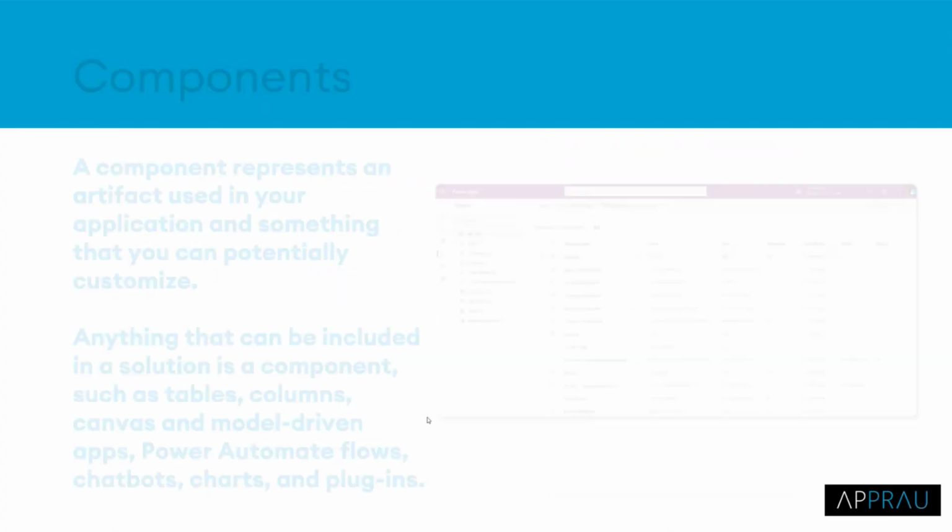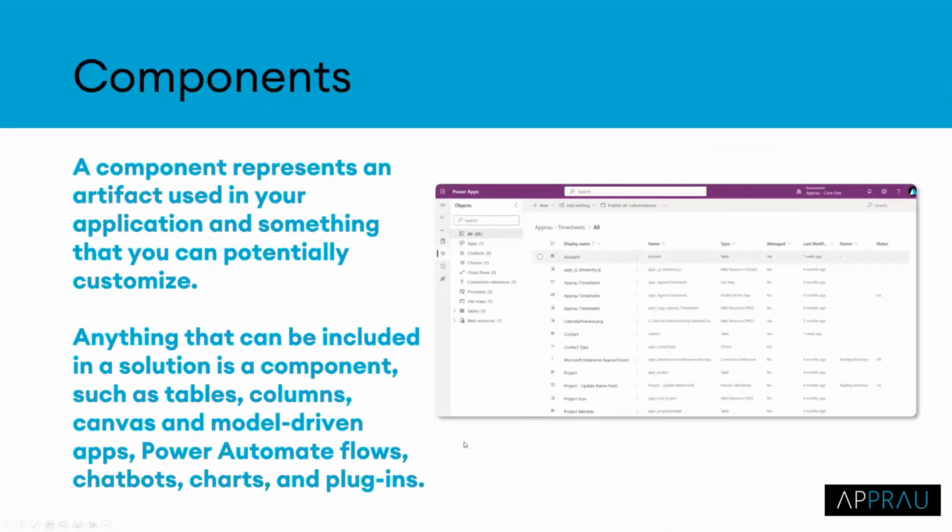And I mentioned the word component. So what is a component? A component can be anything that is part of your application. It could be a table, a column inside the table, a form, a Power Automate flow, a chart, or a plugin assembly.